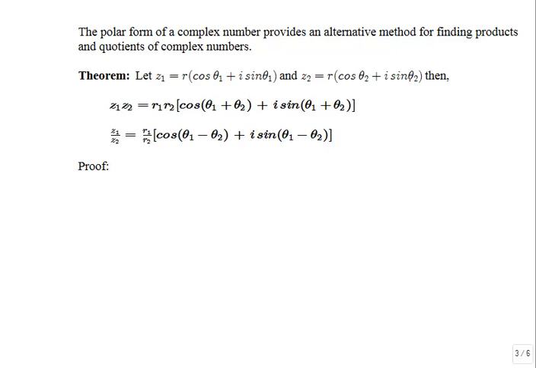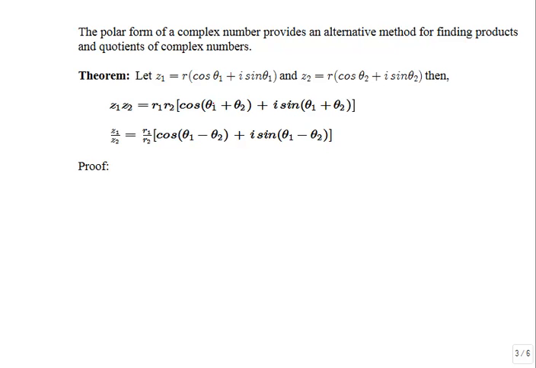Then to get the product of these two complex numbers, all you have to do is multiply the two r's out front, and then you add the angles in between. So cosine of theta sub 1 plus theta sub 2 plus i sine of theta sub 1 plus theta sub 2. To divide the two complex numbers, you divide the two r's, and this time you subtract the two angles. So pretty simple technique here to multiply and divide.